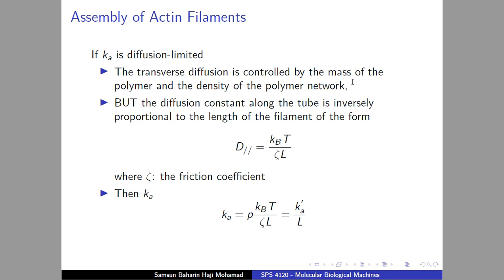The diffusion constant along the tube is inversely proportional to the length of the filament. If you increase the filament length, the diffusion constant will be smaller, meaning the long filament will move much slower. So the Ka diffusion limited constant can be written as this equation, and we can find this Ka diffusion.